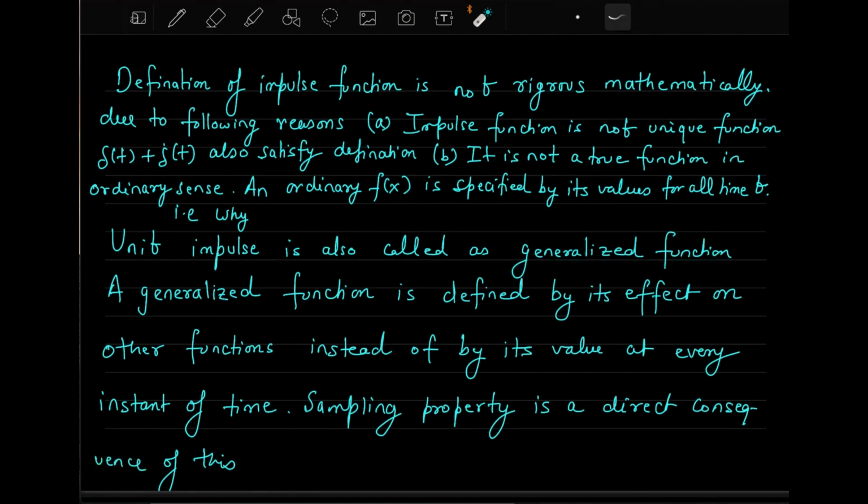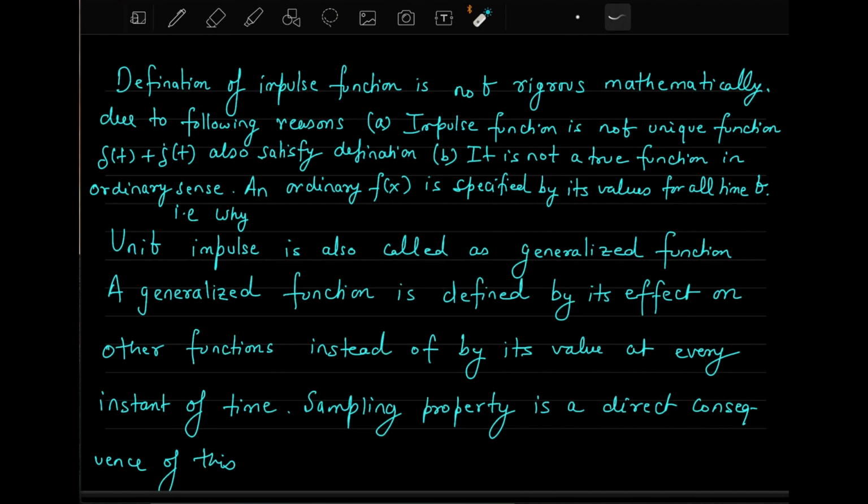Generalized functions are defined by their effect on other functions instead of by their value at every instant of time. So basically generalized functions are defined by their impact when you operate them on other functions.